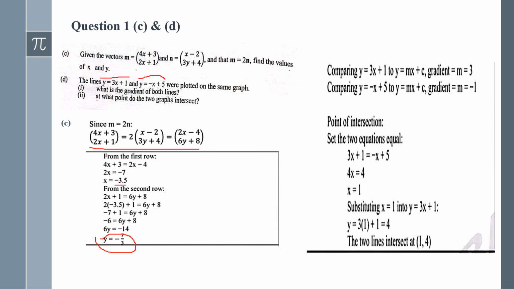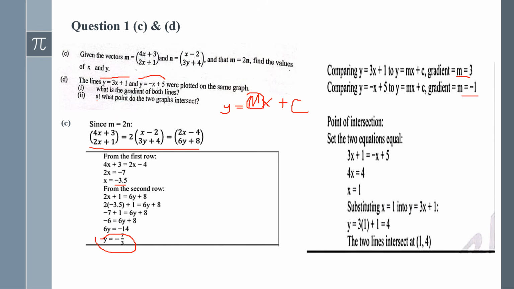So comparing the two and their gradients, the equation of a straight line is of the form y equals mx plus c, where the coefficient of x happens to be your gradient, which is m. So when we compare these two, 3x plus 1 and negative x plus 5, the coefficient of x is 3, meaning the gradient is 3. And the second one, the coefficient is negative 1, so the gradient will be negative 1.